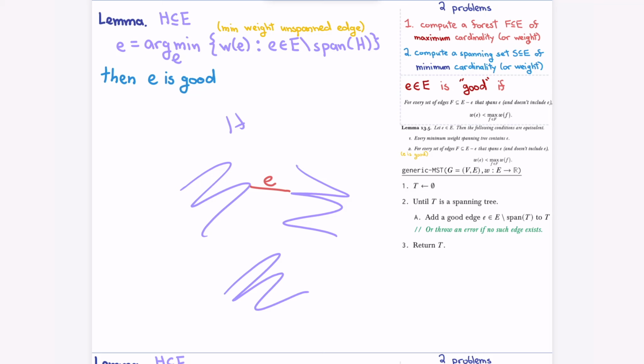Well, yeah, so H is some set of edges, and E is not spanned by H. So H doesn't connect the endpoints of E. But E is the smallest weight edge that's not spanned by H. So you want to say that E is good, right? So you might do something like, well, let's take any other set of edges that spans E. We want to show that there's at least one edge of weight bigger than E on this path.